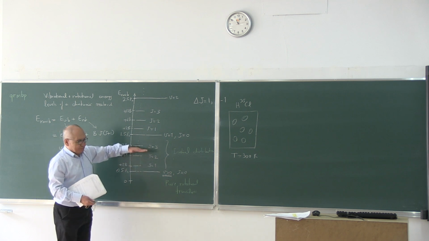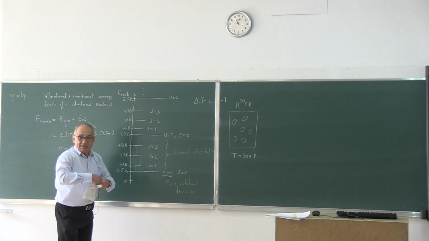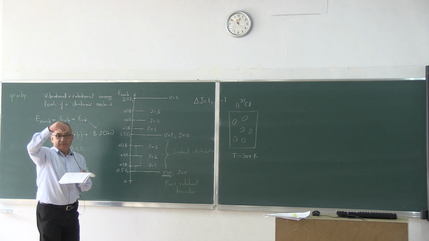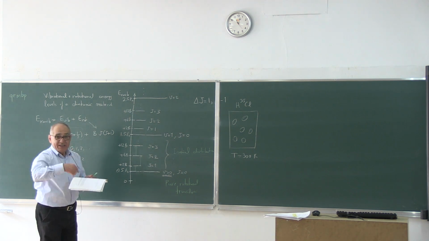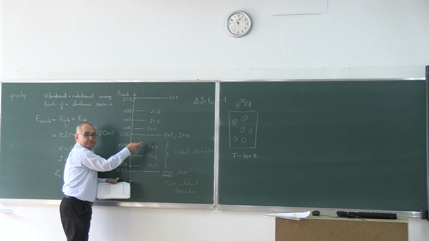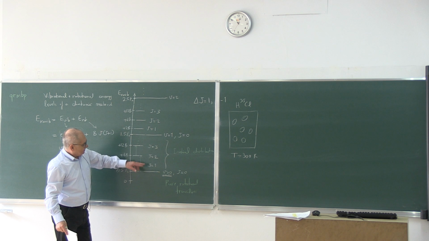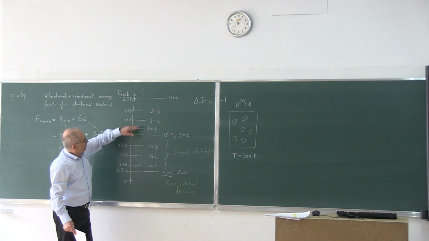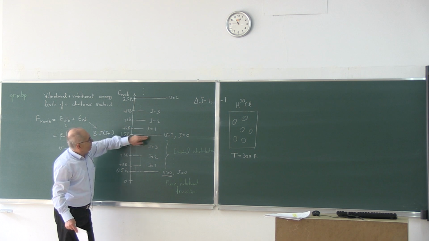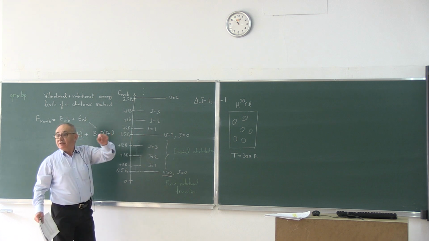And now we consider higher energy light frequencies such that vibration state will change. Now, when the vibration state changes, if any one of these levels goes to this part, for example, then because in this part V equals 1, which is different from V equals 0, the final state has a different vibrational level.